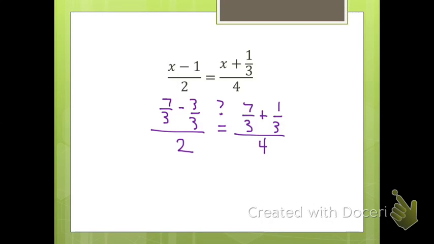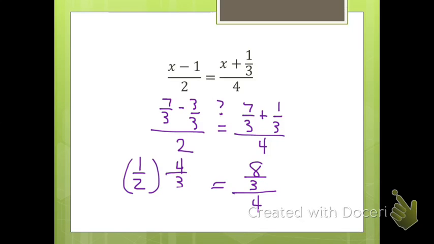So over here I've got 4 thirds divided by 2, and over here I've got 8 thirds divided by 4. So I'm going to go ahead and change the divided by 2 to times 1/2, just because I'm running out of space here.